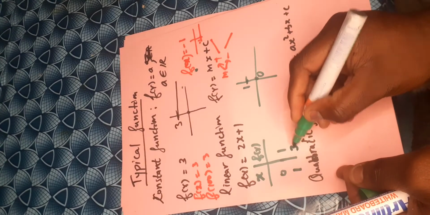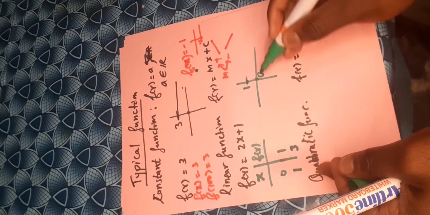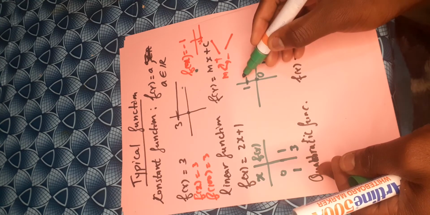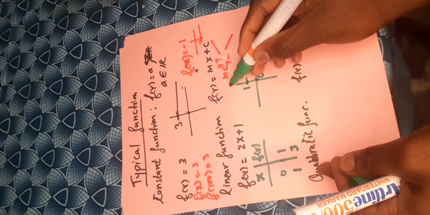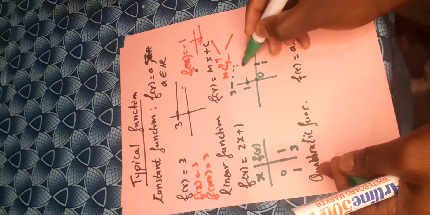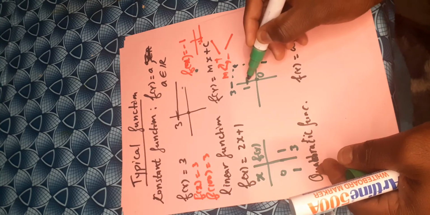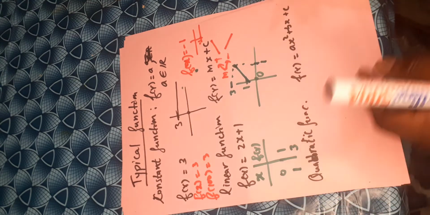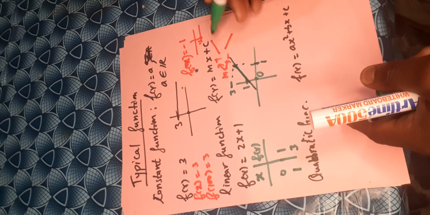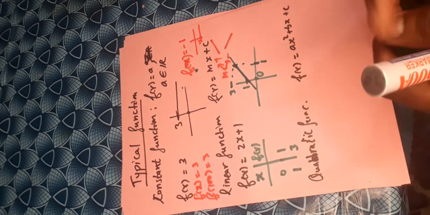So I'm going to have 3 here. Then I can draw it. 3 will be somewhere there, so I'm going to join them. It's going to be right here, and then my graph will look exactly like that. Because I don't have restrictions, I draw it how I want.